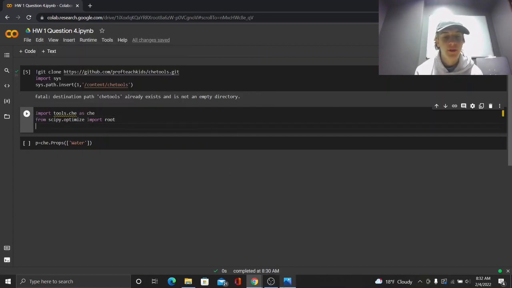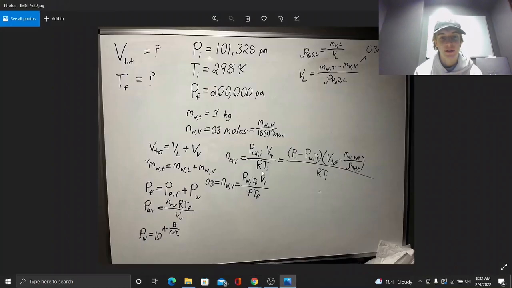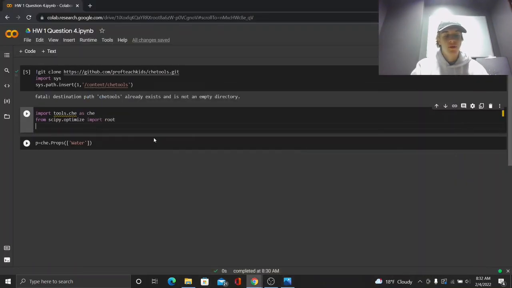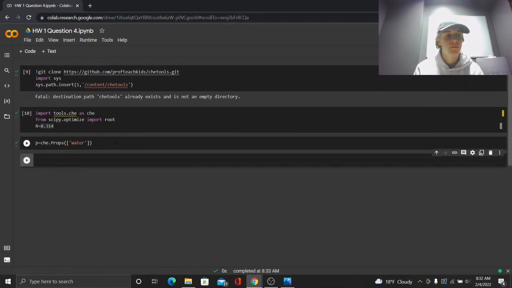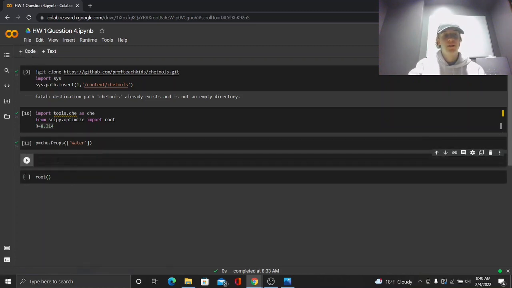And then finally, we are going to need the constant R, which equals 8.314 joules per mole Kelvin. So I'm just counting all that. In order to use this root command, we are going to need to define a function to put into here.